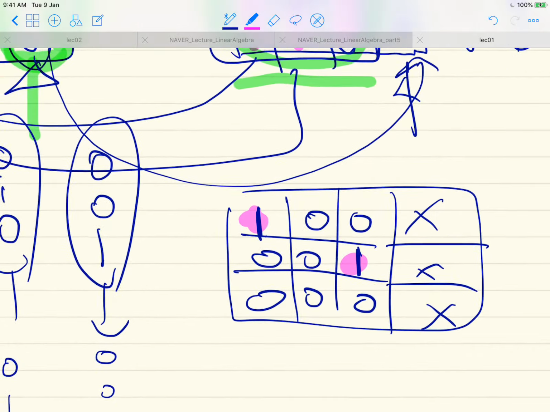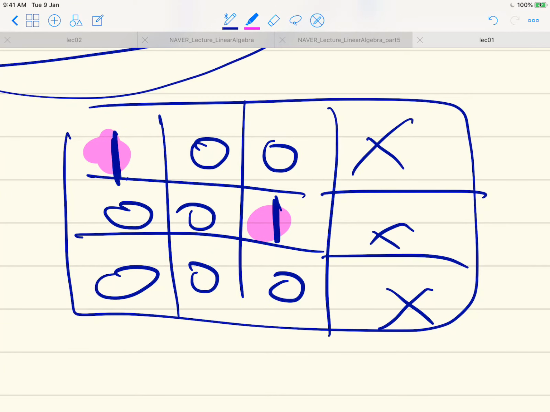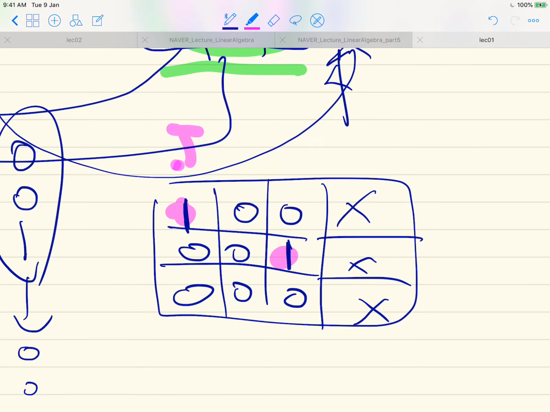So in this case, what's the meaning of this? So the first column and the second column are actually linearly dependent, which is the scalar multiple of the previous column, right? Because we have no pivots on the second column, right?